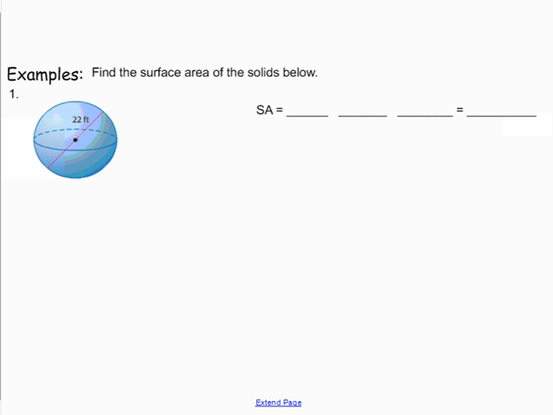All right, so we want to find the surface area of this particular sphere. So surface area is going to be 4 pi r squared. So we look at the sphere and we go, okay, this is 11. The whole thing is 22 feet.